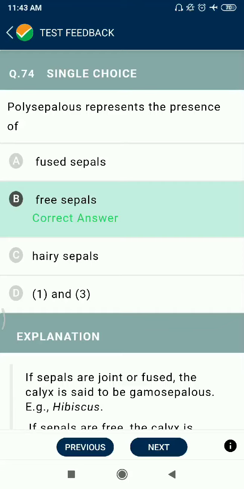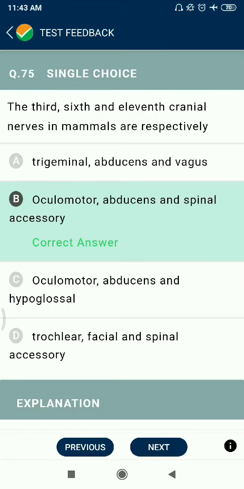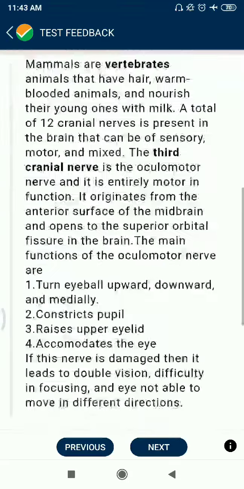Question number 74. Polysepalous represents the presence of free sepals. Question number 75. The third, sixth, and 11th cranial nerves in mammals are respectively oculomotor, abducens, and spinal accessory.